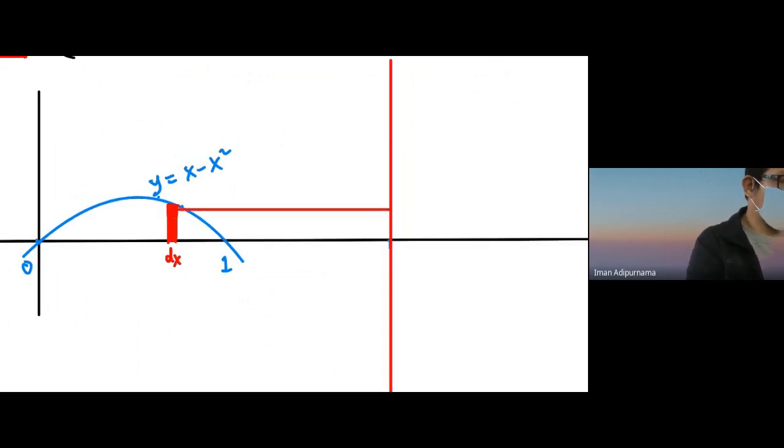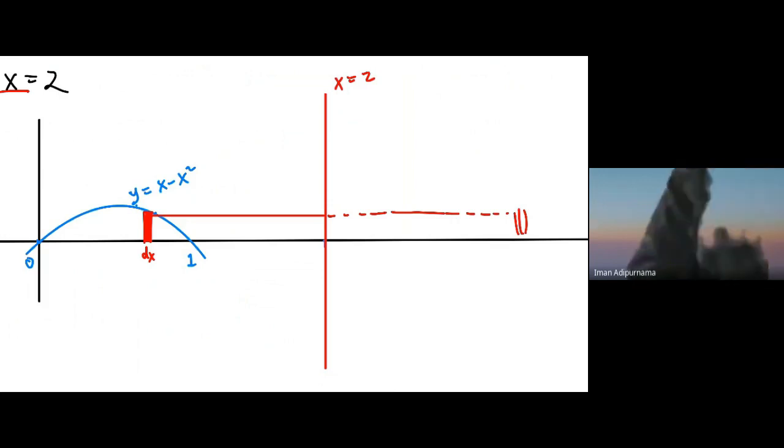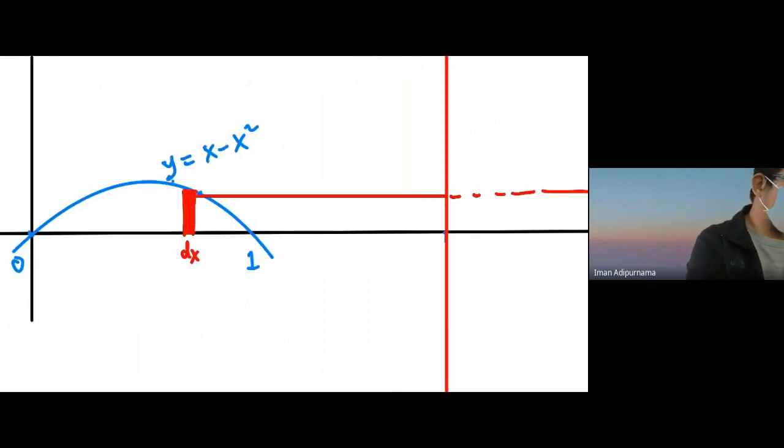And this will be the radius. If you imagine, this is how it looks when we rotate. It has a ring, right? Now we need to identify what our radius is. Our height is our function, f of x in our case here.